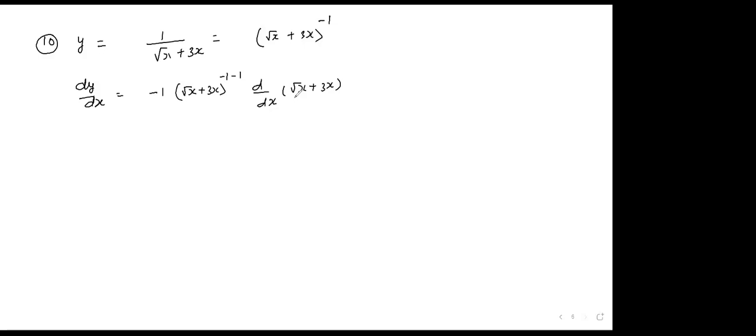So this will become minus (√x plus 3x) to the power -2 multiplied by the derivative of √x, which is 1 over 2√x always, plus 3x, 3 और x की पावर 1 है तो 1 minus 1 is 0, तो 1 हो जाएगा, 3.